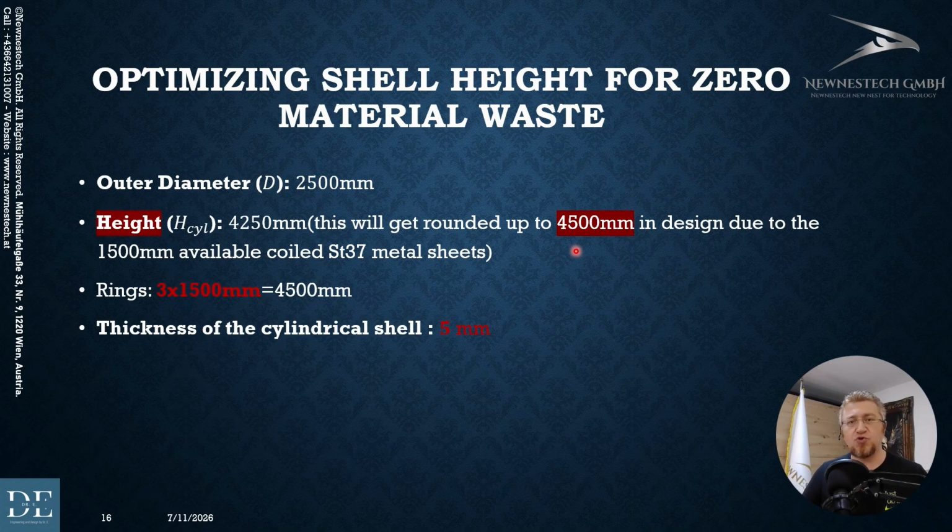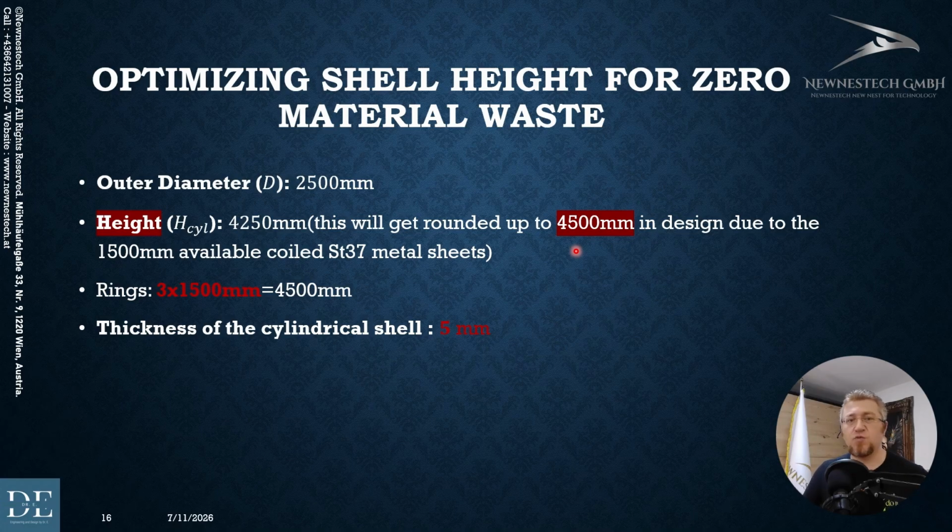Perfect. Now that our 2.5 meter diameter is locked in along with our 60-degree conical bottom, standard 300 mm outlet flange, and the 5-degree roof deck slope, the exact mathematical height needed for the cylindrical section is 4,215 mm. However, as an engineer designing for manufacturing, I am rounding this number up to 4,500 mm. Why?